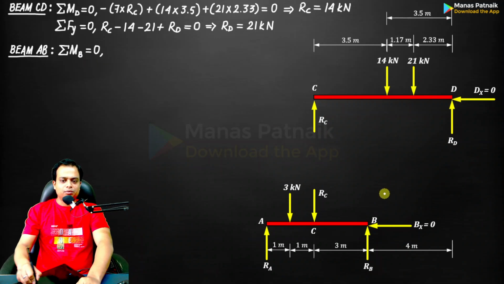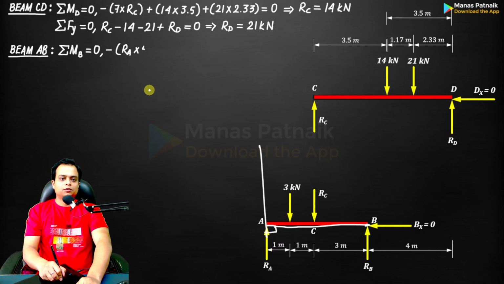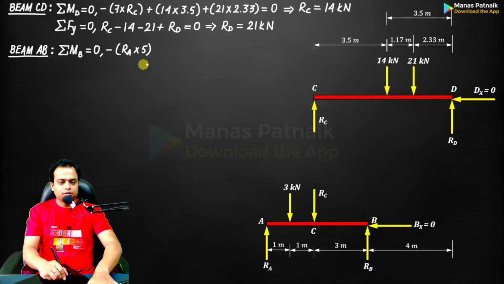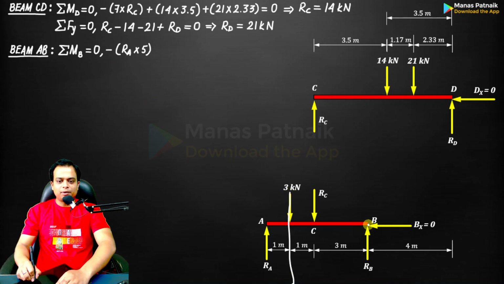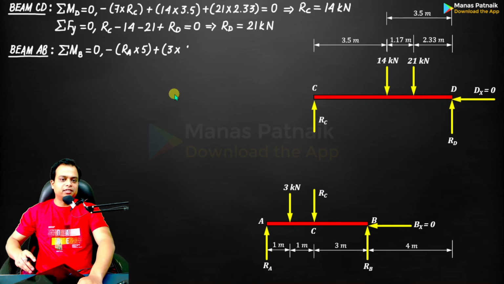Moment about B equals 0. Force times perpendicular distance. So RA times 3 plus 1 plus 1, that is 5. Clockwise, that's my negative sign. Then 3 multiplied by 4 and then RC multiplied by 3. Both of them anti-clockwise. Let me write this in one go.